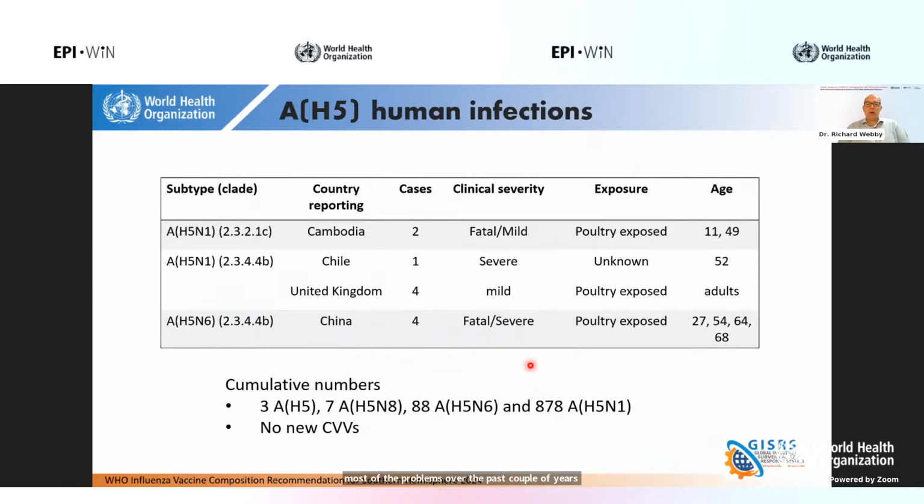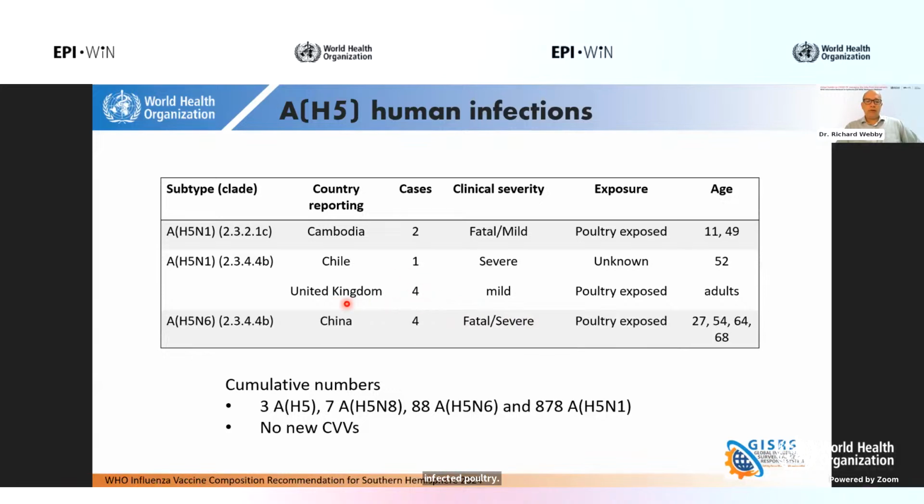If we look at what's actually spread to humans, again, the majority of these have been the 2344B viruses. A couple of these are a different clade, in Cambodia in February of this year. All of these individuals, with the exception of one from Chile where it was unknown, are people that had very, very close exposure to infected poultry. So poultry to human infection or detection.